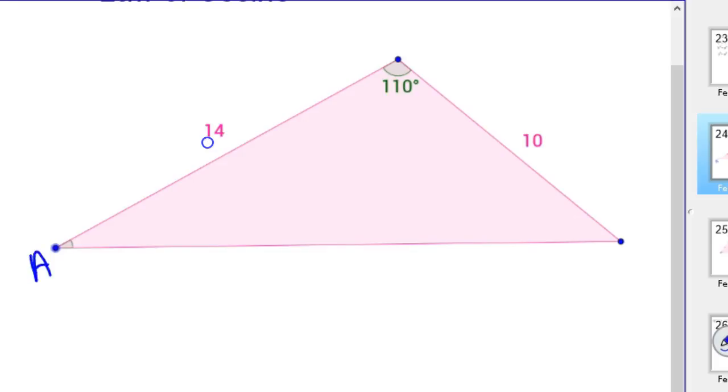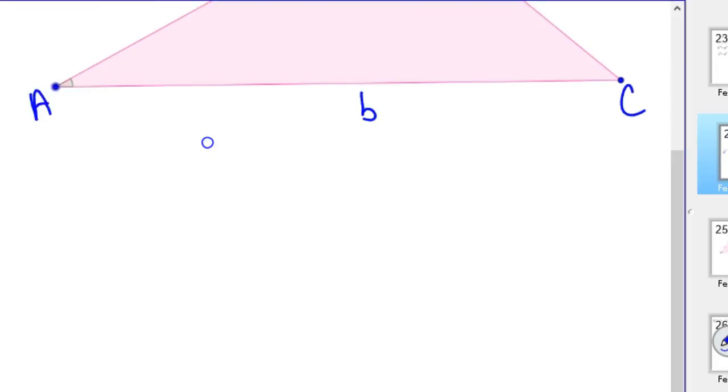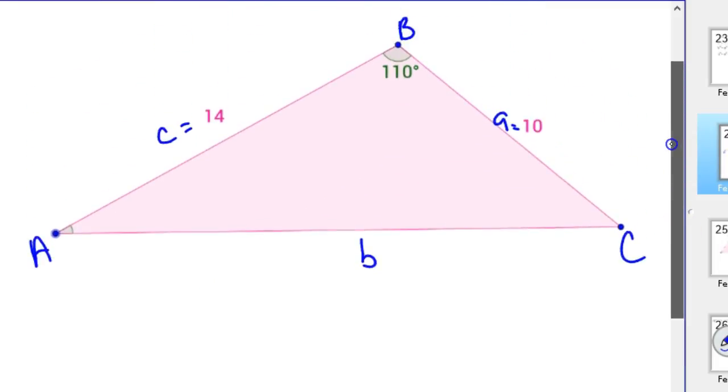I'm going to label it A, B, and C, which means this is little b, this A is right here, that's little a is 10, and then little c is 14. So now we'll go ahead and find side B. If you look at this, we're trying to find little b.